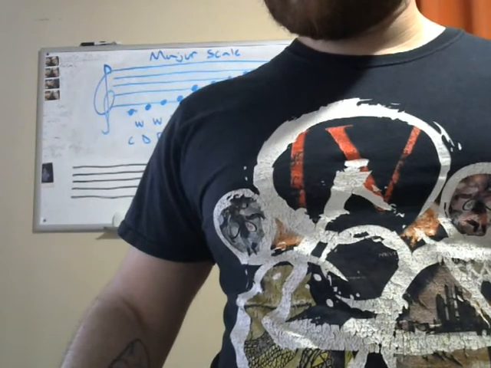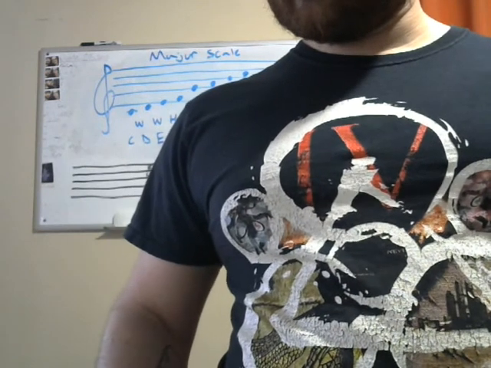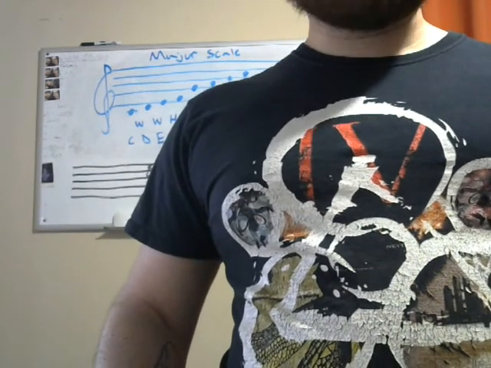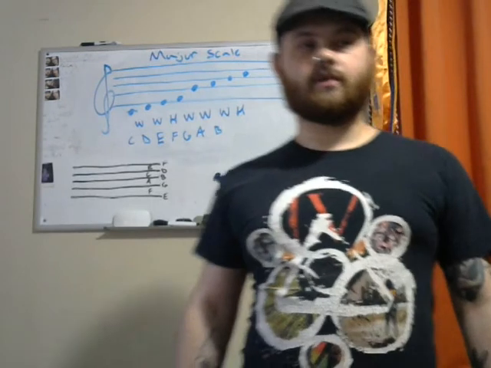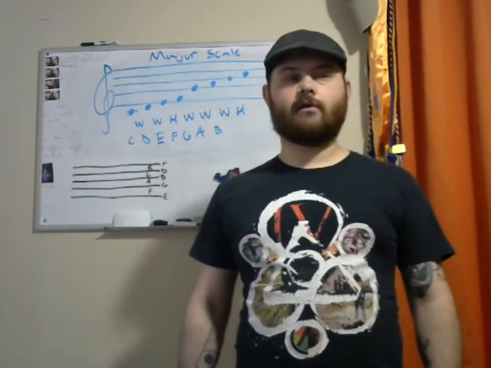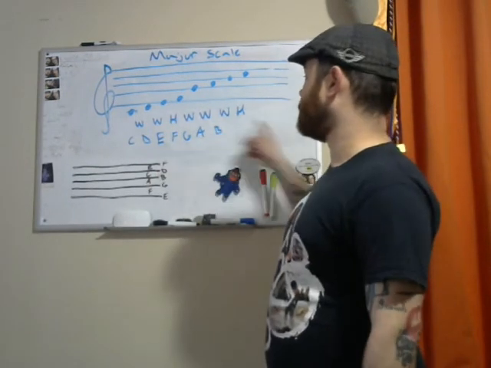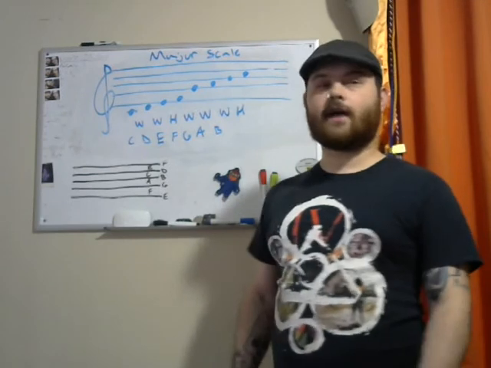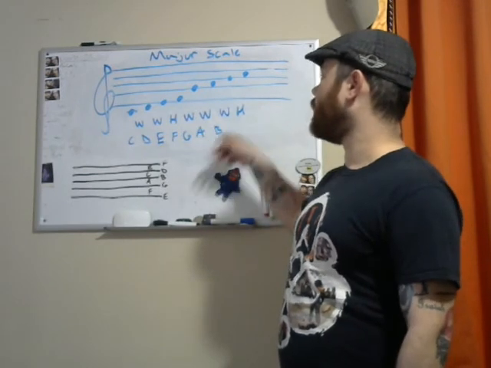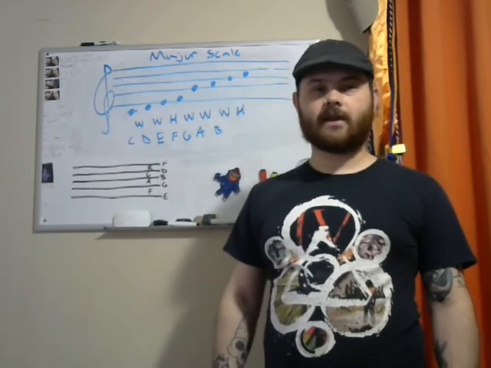E to F sharp, whole step. F sharp to G, half step. And you can build a major scale using any note using this formula. Whole, whole, half, whole, whole, whole, half. Alright?